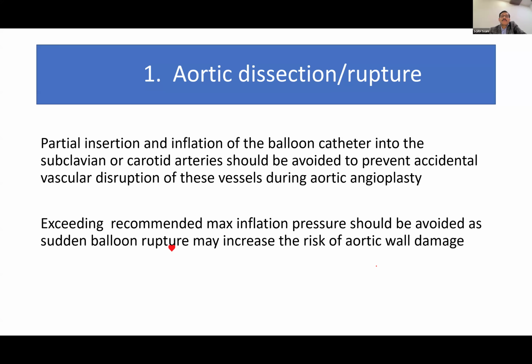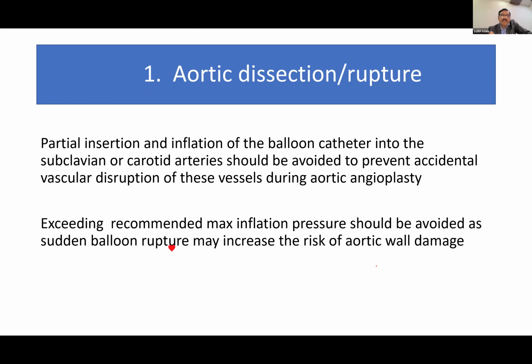Then also remember, sometimes a wire is placed into the carotid arteries or subclavian artery. That you should avoid. This can lead to vascular disruption during balloon dilatation. Vascular disruption of a smaller vessel is possible. Avoid wires and catheters in the carotid or subclavian arteries.